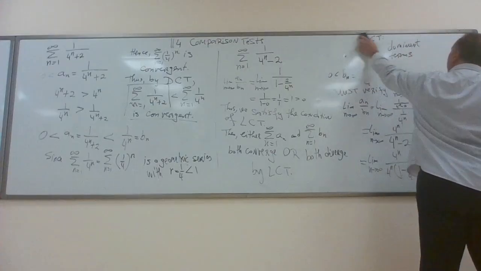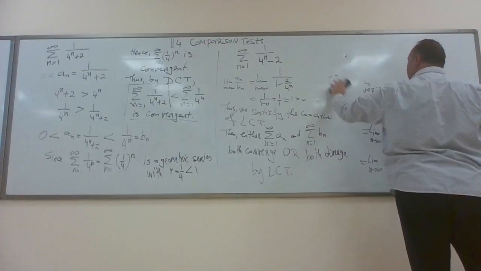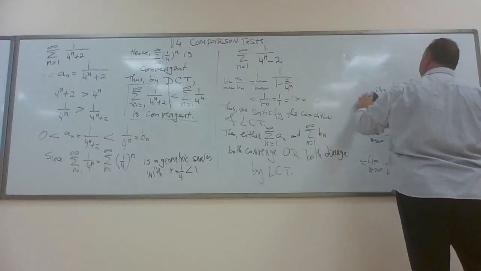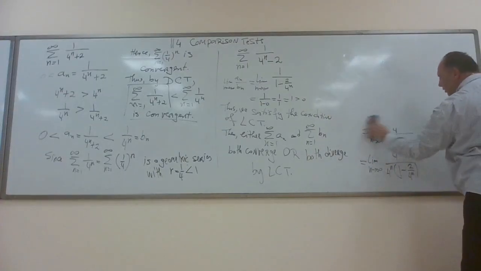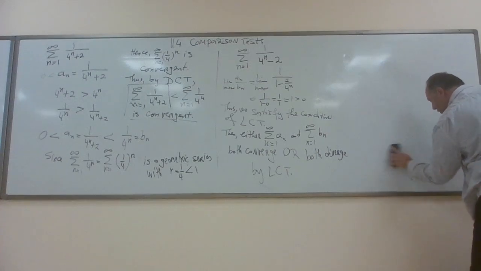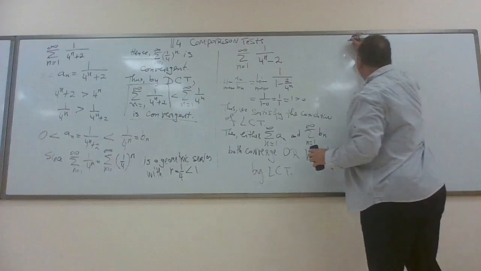Well, we know that the series with b is convergent, therefore the series with a must be convergent also. That's the logic part.